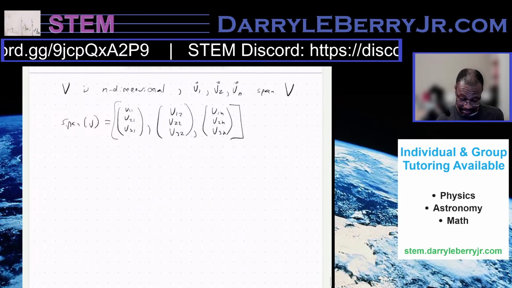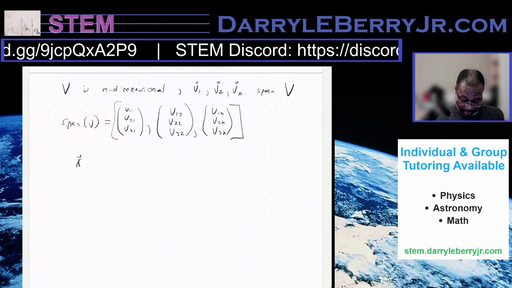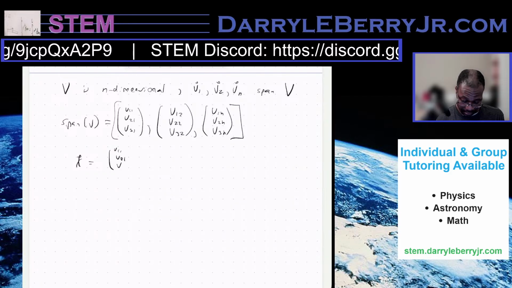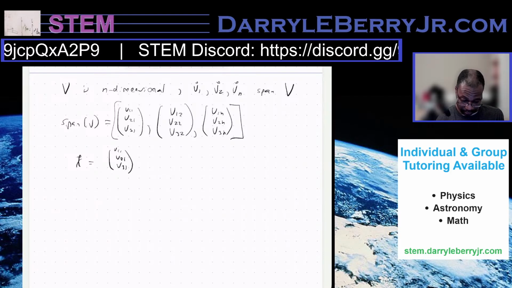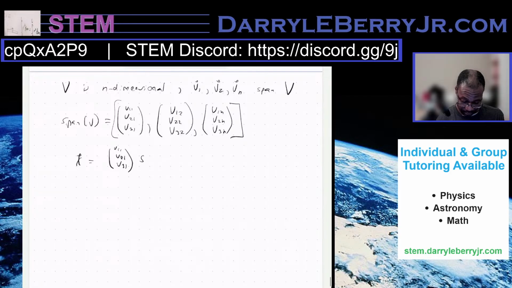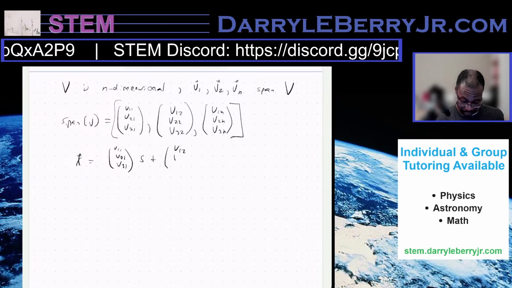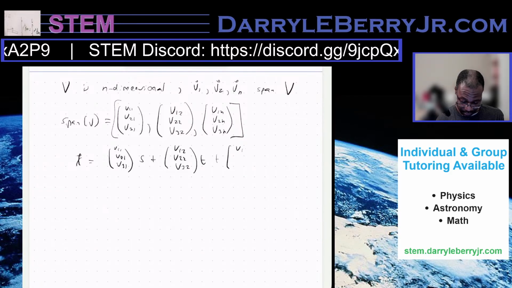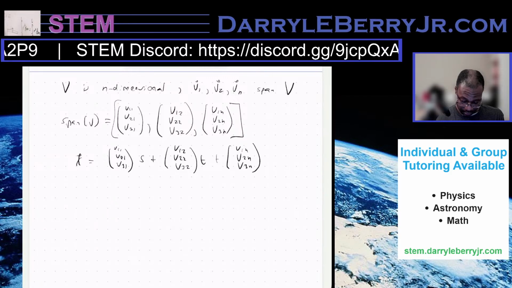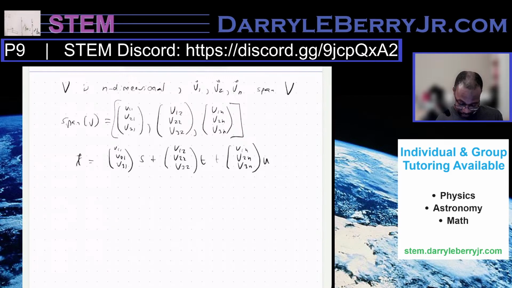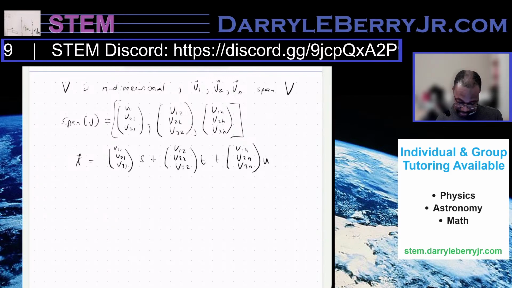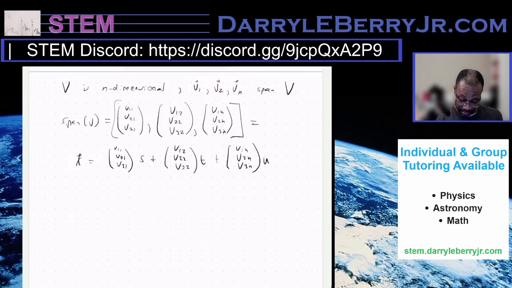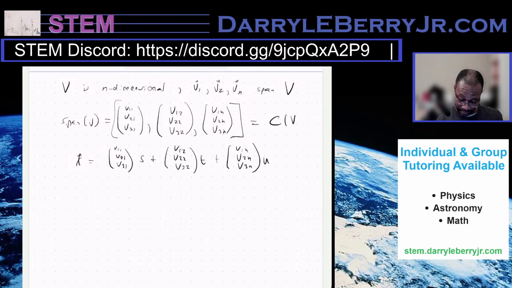So basically, X would be this. So they span the subspace, so the column space equals the column space of the matrix.